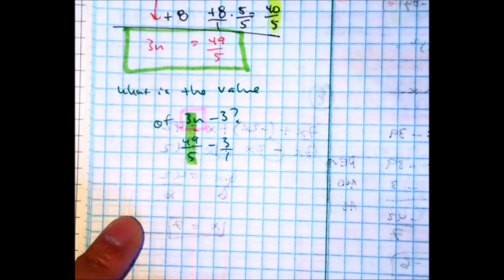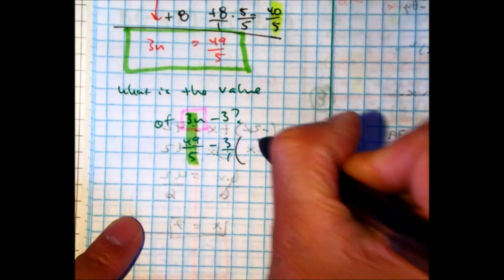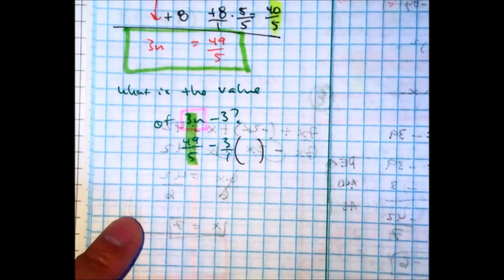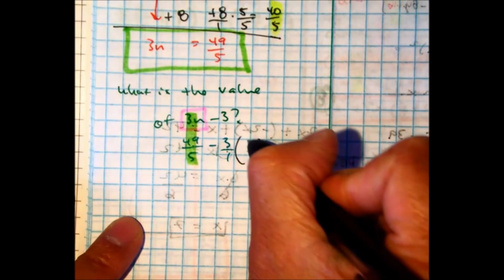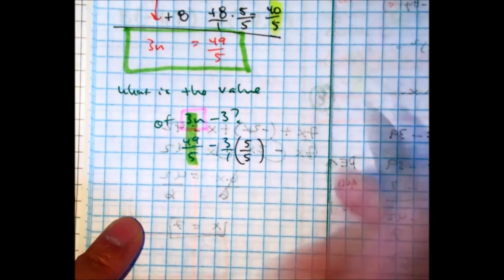Go. Show me with your fingers. What number do I have to multiply by here? 5 over 5. You're really multiplying by 1.